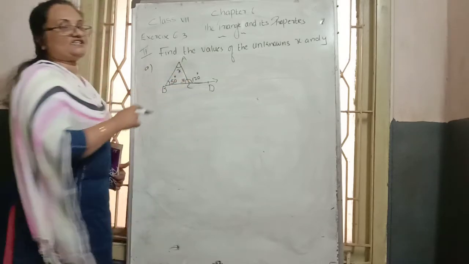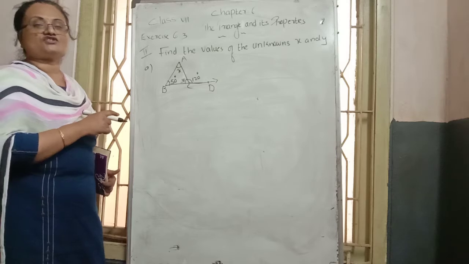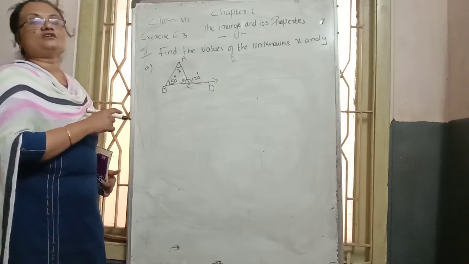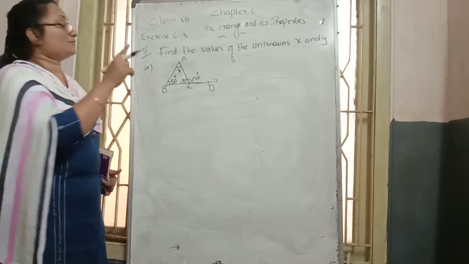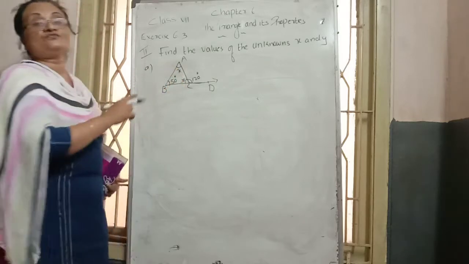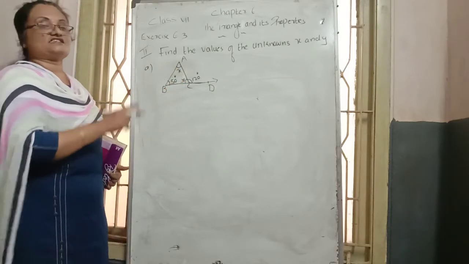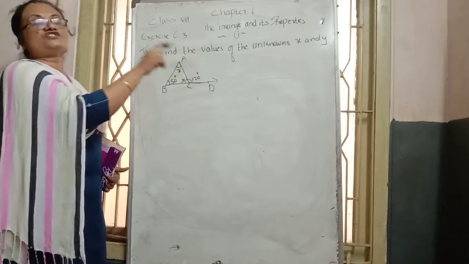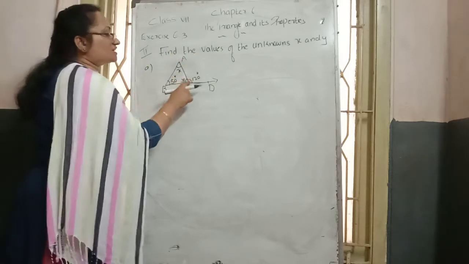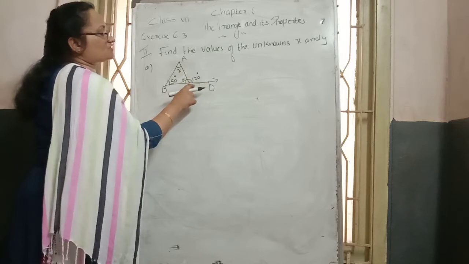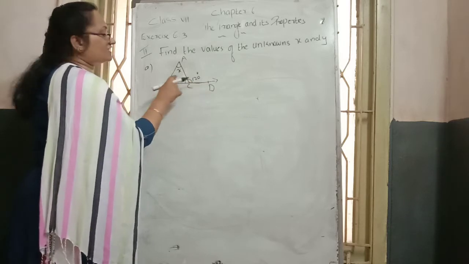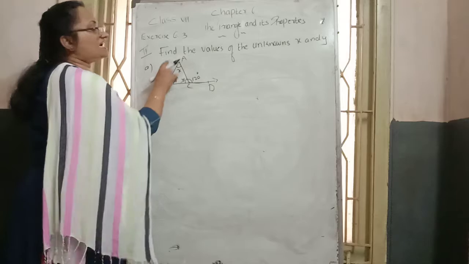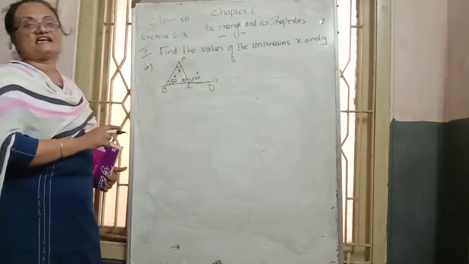Apply the exterior angle property. The exterior angle is equal to the sum of the two opposite interior angles. The exterior angle and the sum of the opposite two angles are equal. With respect to vertex C, the opposite interior angles, interior means inside angles, are B and A. We learned this in the last class.